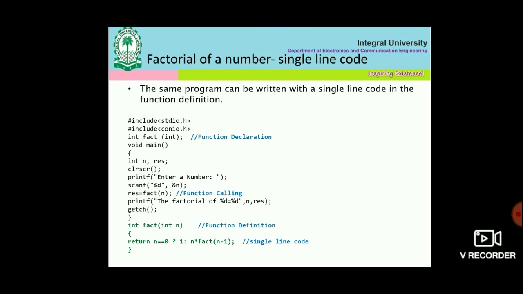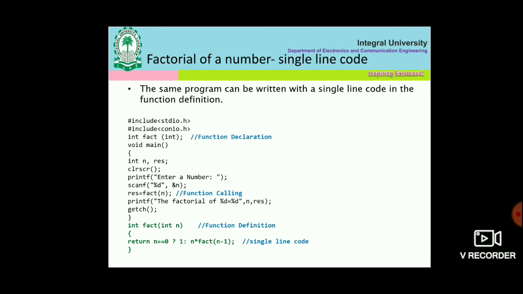This single line code means that it will return 1 if n equals to 0, that is, if the condition is true. Else it will return n into fact of n minus 1. So this one line code can be used as a recursive code to solve this particular problem, the factorial of a number, using recursive functions.